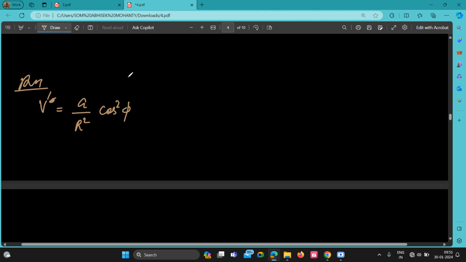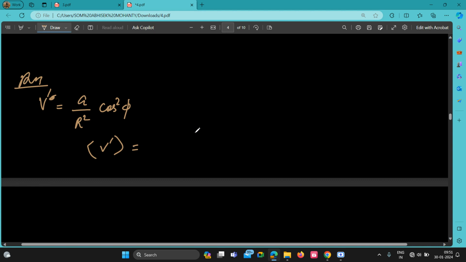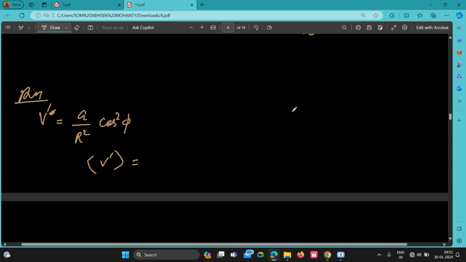So what can we do here? We can take the expectation value of V dash. This is a circular ring, so if we take the integration, the limit will be from 0 to 2 pi, isn't it?